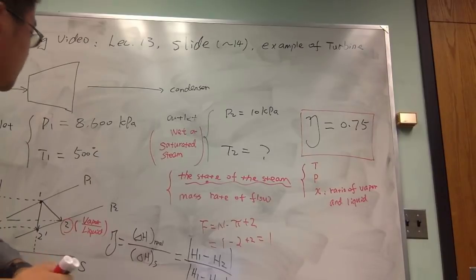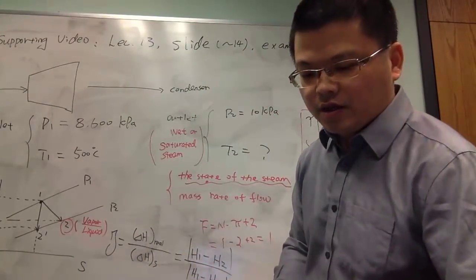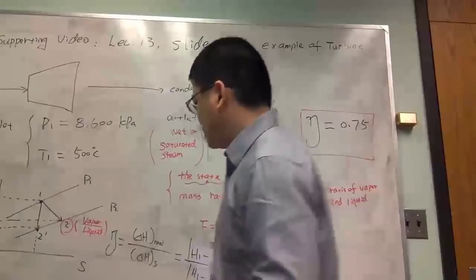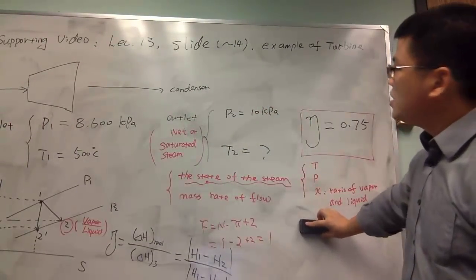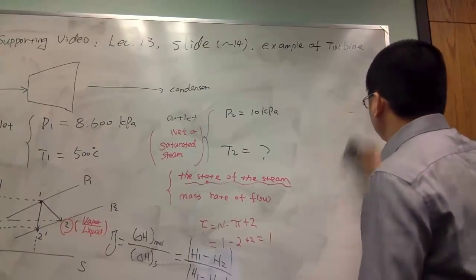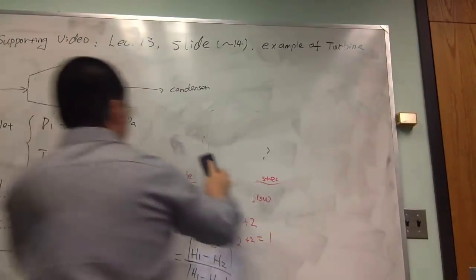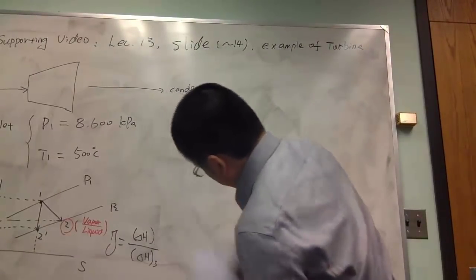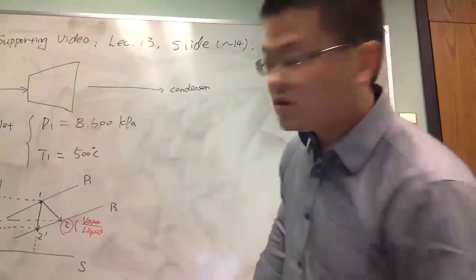So then we start with the known initial condition. Using the steam table, we can get rid of some writing over there. Are you able to read? Hope so.